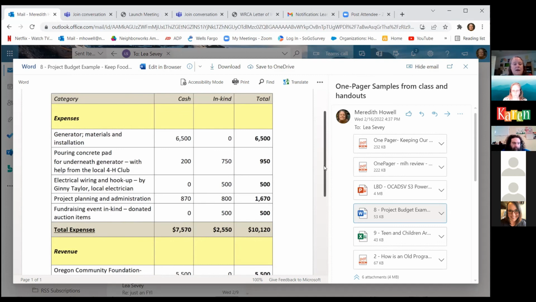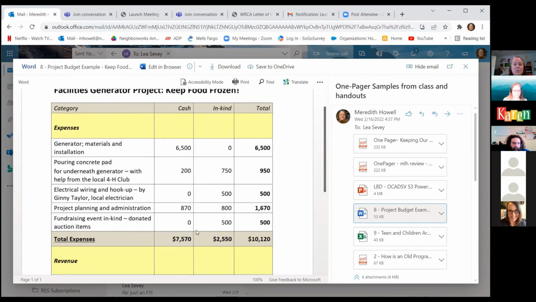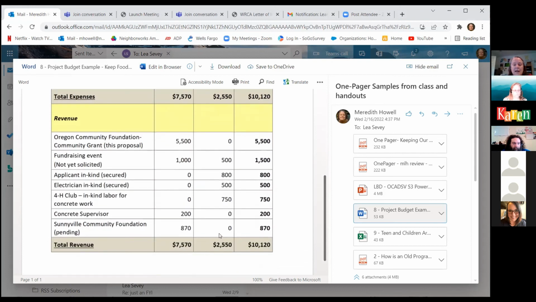donating auction items. Okay, great. So we're bringing in $25.50. The first thing I do is go to revenue and make sure that my in-kind matches, and it does.